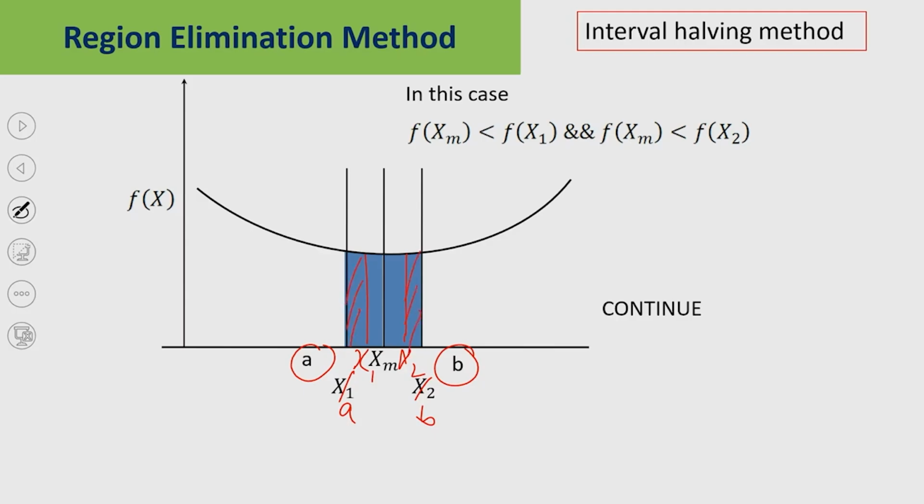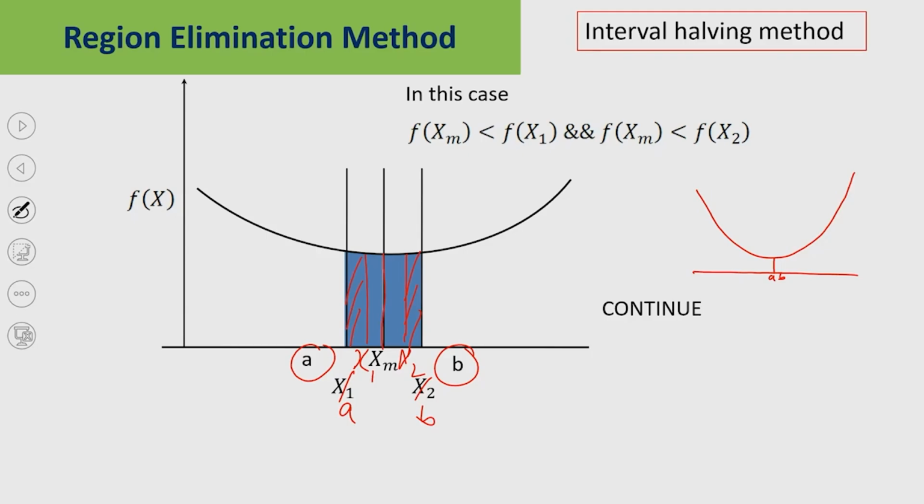Again I can check the conditions and eliminate some of the region, and if I continue, then finally I will have a very narrow area. Okay. Finally I may get something like this. So, I will have A and B, and the distance between A and B is basically what we can call precision.